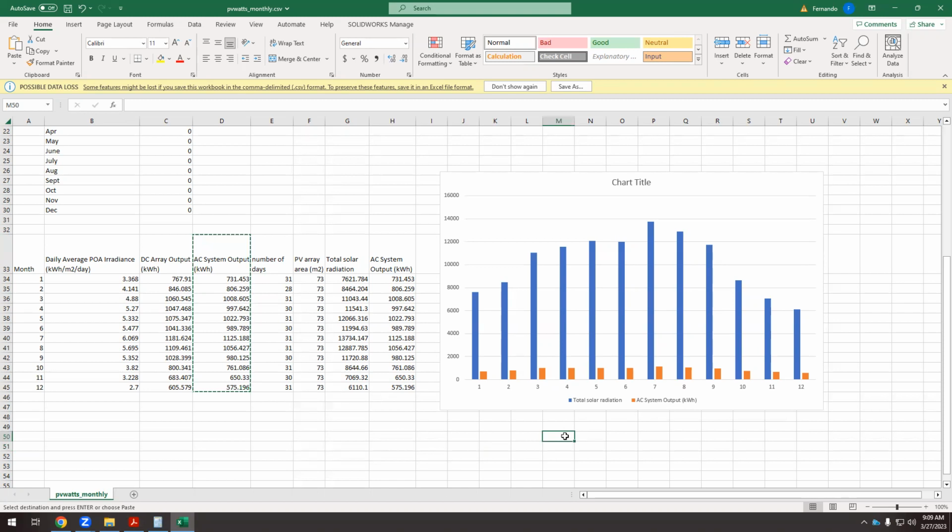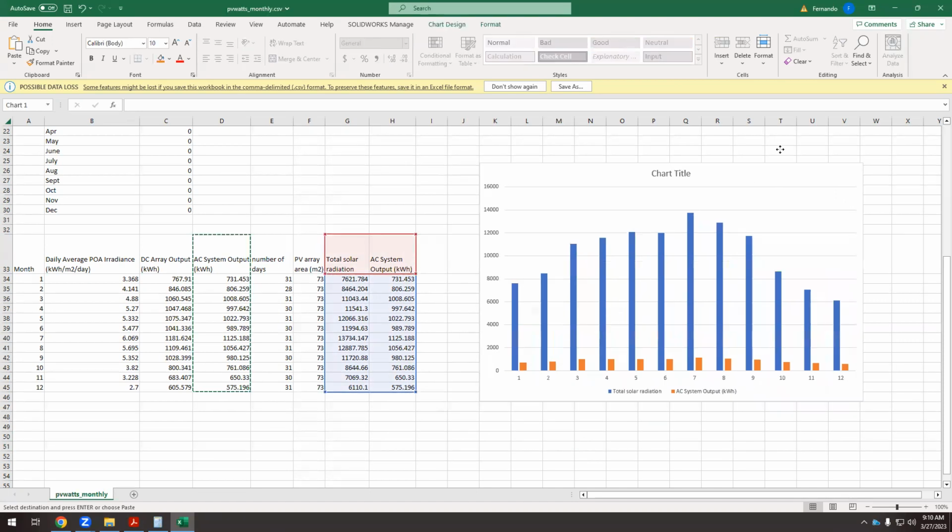Well, I like it. It's a useful visual chart. Looking at this, we can realize that the system has a lot of limitations. But that's fine. At least we are aware of that now.